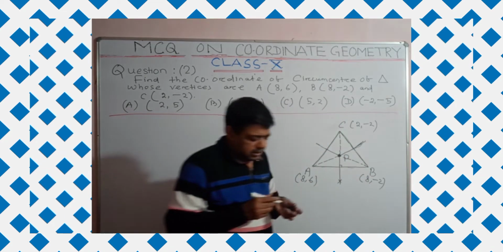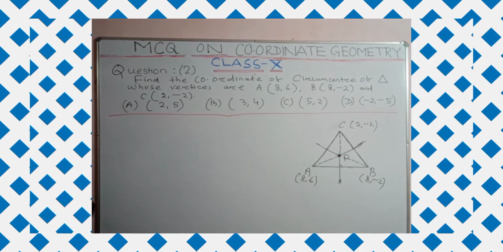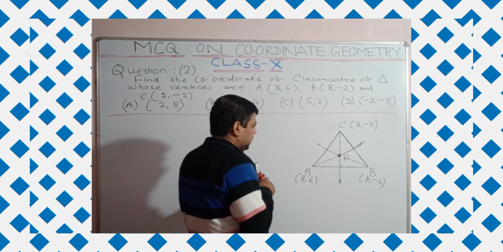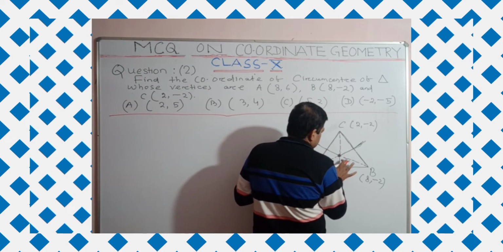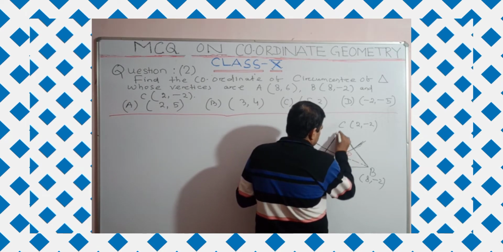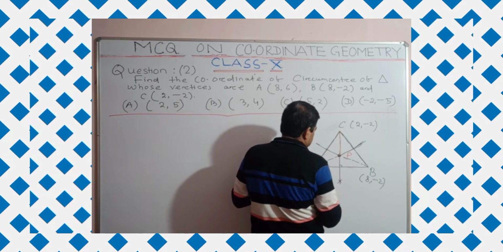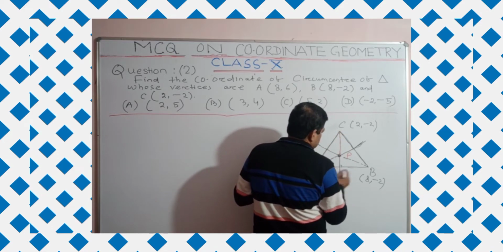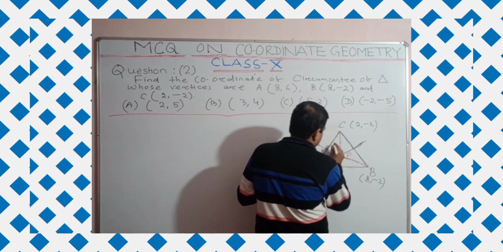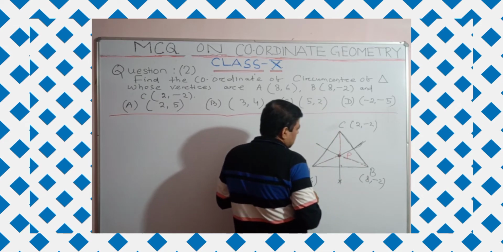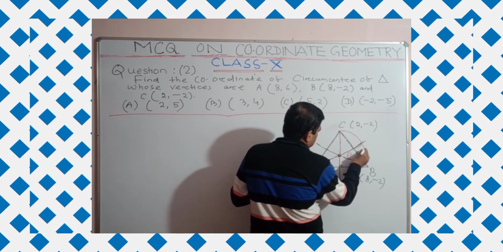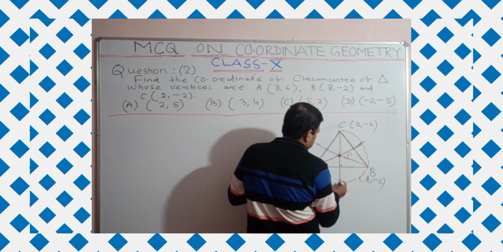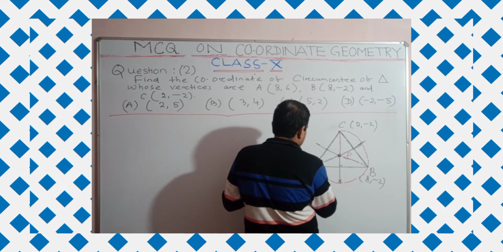Taking P as the center, and taking CP or AP or BP as the radius, if you draw a circle, what will happen? It will pass through the three vertices of the triangle.